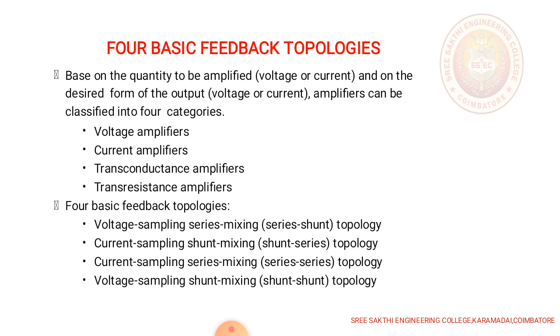Four basic feedback topologies are voltage sampling, series mixing, that is series shunt topology; current sampling, shunt mixing, shunt series topology; current sampling, series mixing, series topology; voltage sampling, shunt mixing, shunt topology.